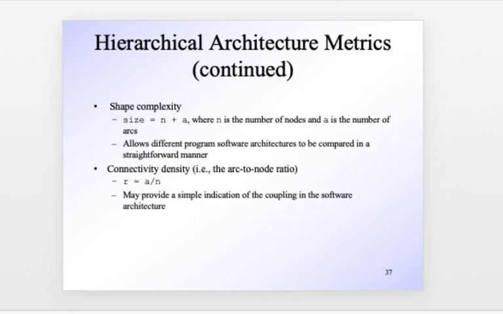You can also compute what is called the connectivity density, otherwise called the arc to node ratio. The formula is simple: R equals a by n. And this connectivity density provides a simple indication of the coupling in the architecture. So coupling basically talks of the interdependency between modules, and that is how you can conclude that if coupling is more, it is not good, right? So we always require low coupling and maybe higher cohesion.